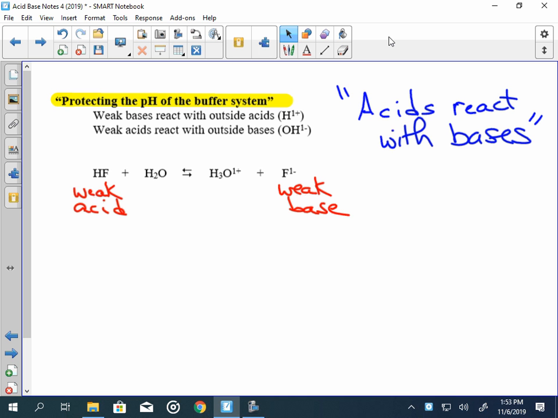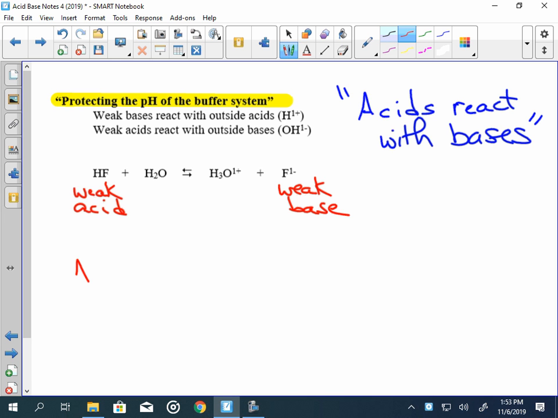But we never talk about, and there are reasons for it, this acid reacted with that acid. No. Or this base reacted with that base. No, no, no. It's always an acid reacts with the base. And if you keep that in mind, and you probably already knew that, what I'm going to show you here, I think makes a lot of sense.